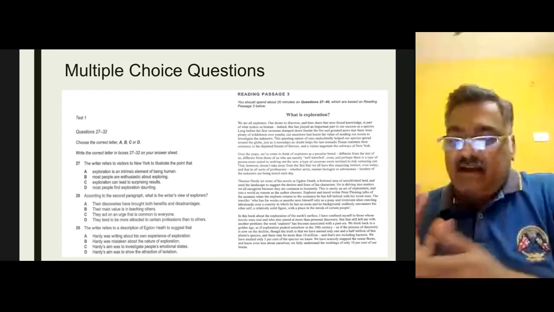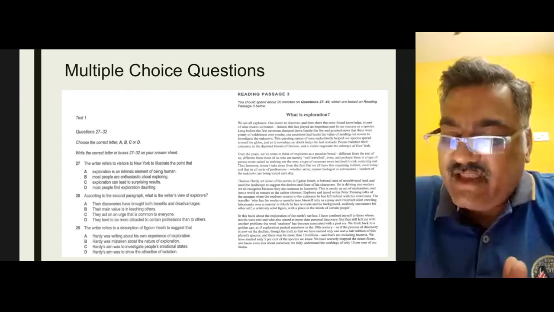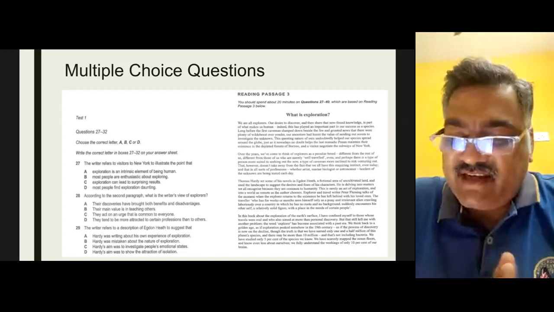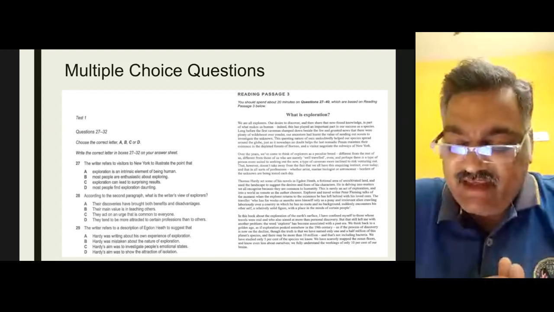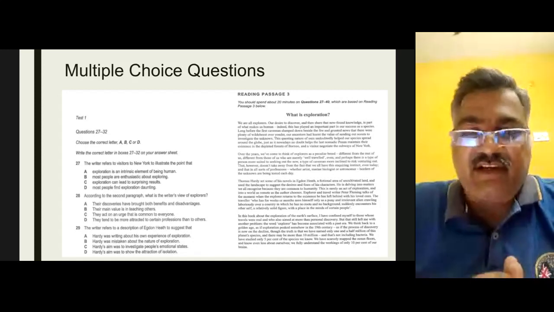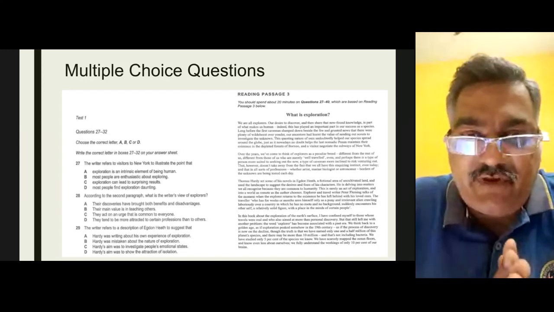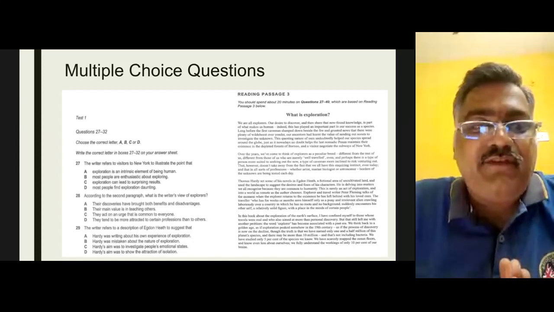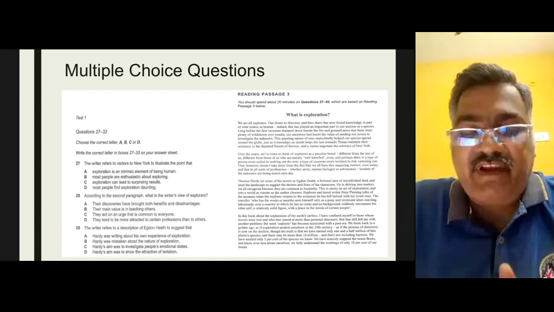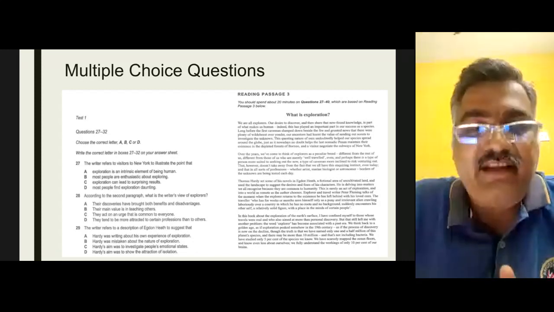Now, if you look at the questions over here, questions 27 to 32, choose the correct letter A, B, C, or D, and write the correct letter in the boxes 27 to 32 on your answer sheet. Now, I'll show the answer sheet and everything after some time, but for your information, if you have a pen and paper with you, whenever we go through a practice session, I want you to just start writing on a piece of paper.